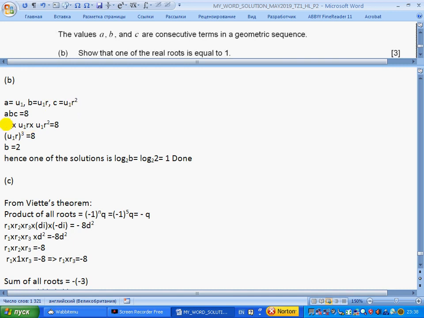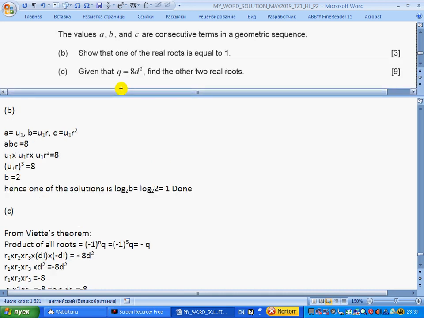So product is 8. It means that it can be rewritten as one of the terms cubed, so it means that one of the terms B equals 2, and hence one of the solutions is logarithm of B with base 2, which is 1, so this is done.